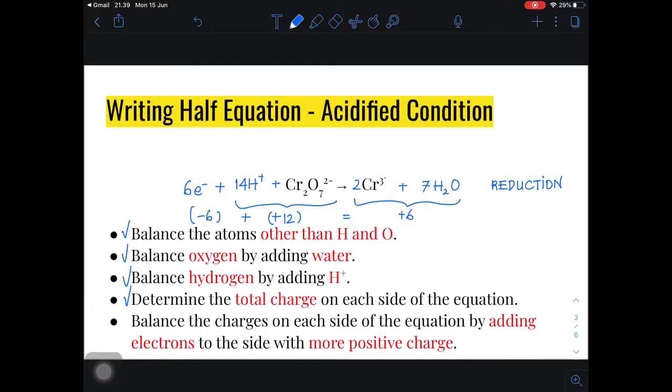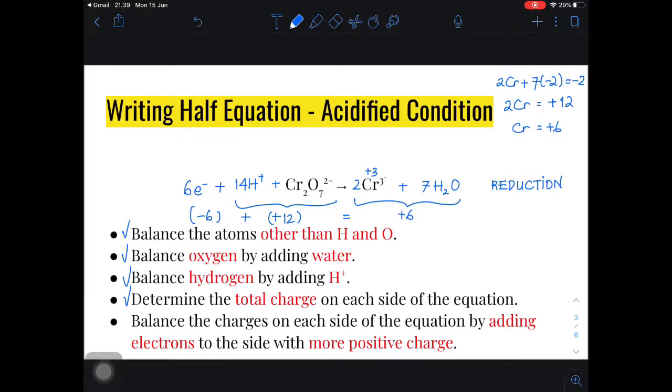Then we can also determine the reduction or oxidation based on its oxidation state. Cr3+, the oxidation state is +3. For Cr2O7, we can calculate it: 2Cr plus 7 times minus 2 equals minus 2. 2Cr equals positive 12.